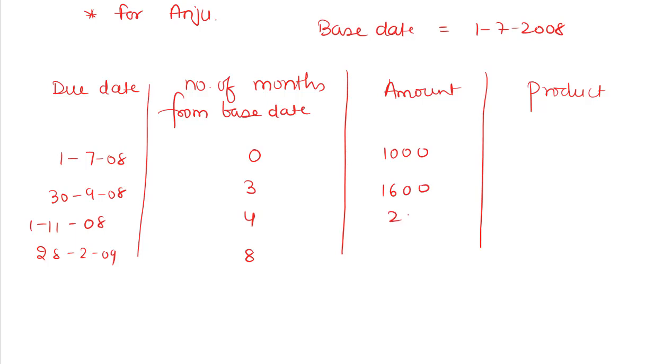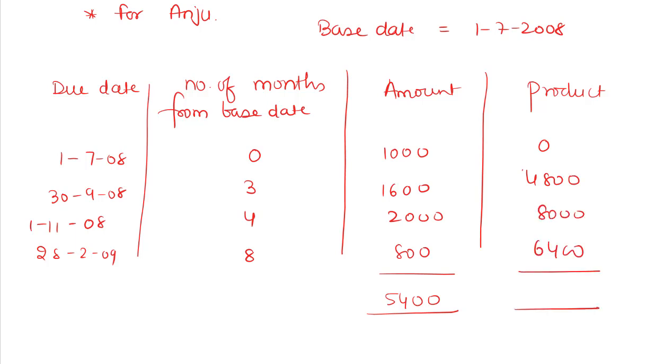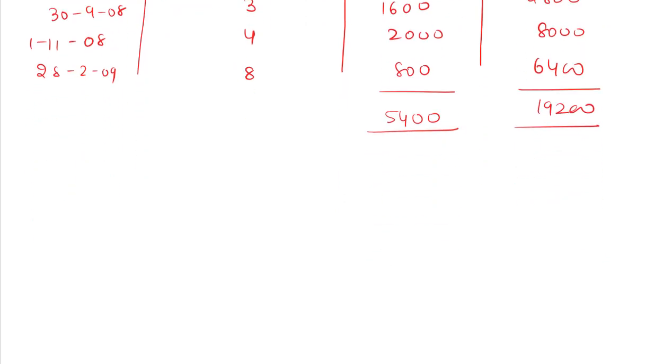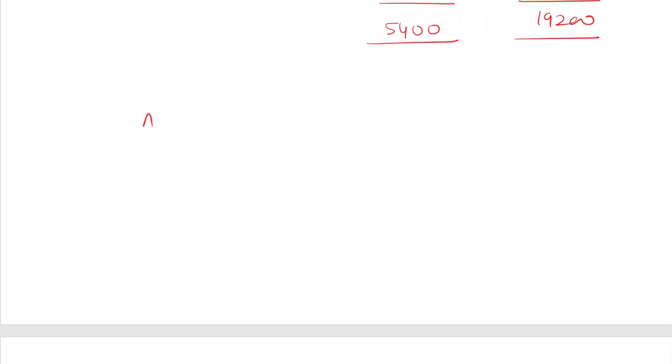Amount as given in the question: 1,000, 1,600, 2,800. Total is 5,400. Product 0, 4,800, 8,000, 6,400. Product is 19,200.